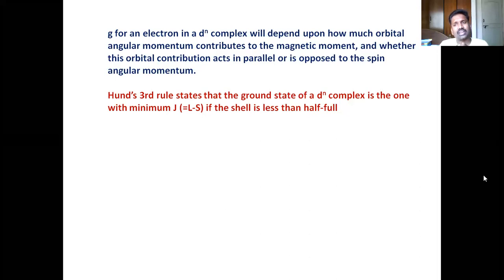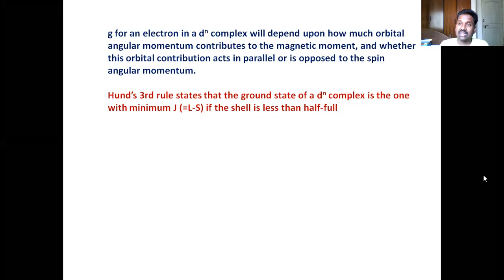Your spectroscopic term symbol represents a spin state. Now, which is the ground spin state? For that, Hund's rules also give some guidelines. I hope you remember Hund's rule of maximum multiplicity and all from quantum mechanics. So the same Hund's rules also give some indications on which is the ground state.